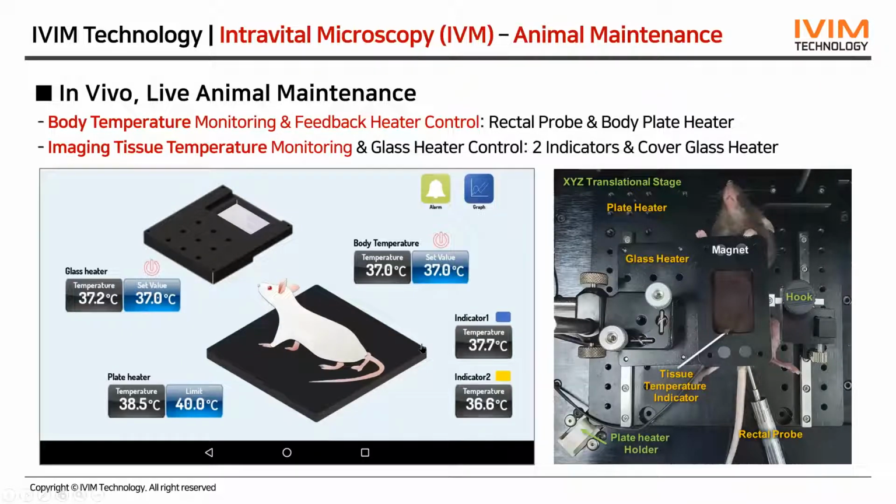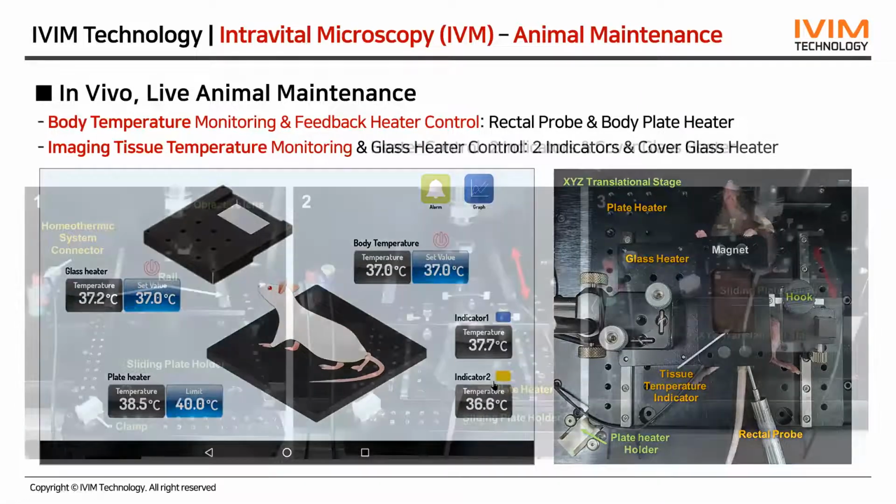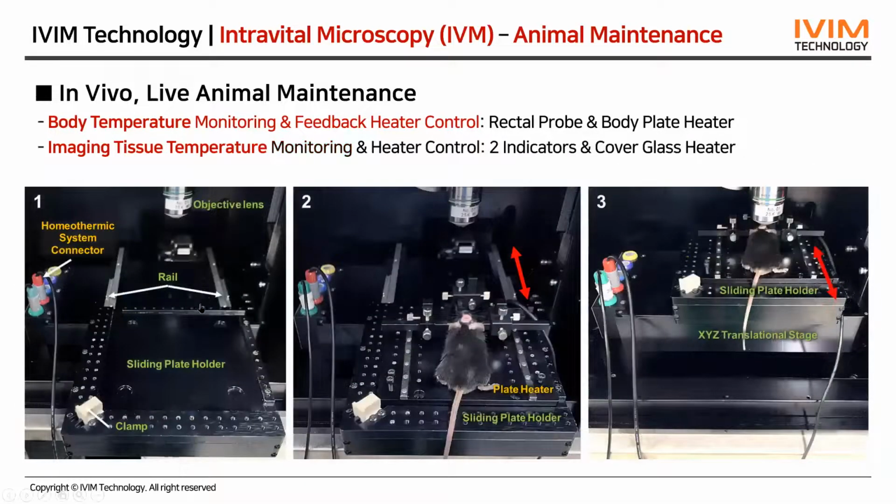So it guarantees the maintenance of body temperature during the imaging. Our system also has a sliding system. You can easily set up your animal on the plate, and this whole plate can be detached and separated from the 3D XY stage, and then put back and easily placed under the objective lens like this.